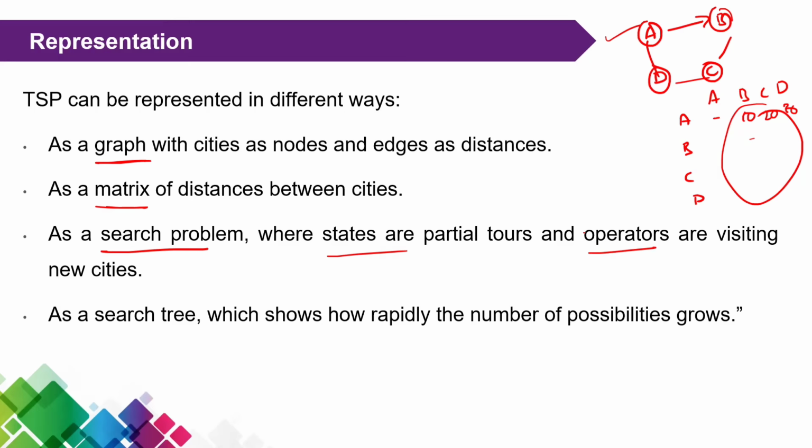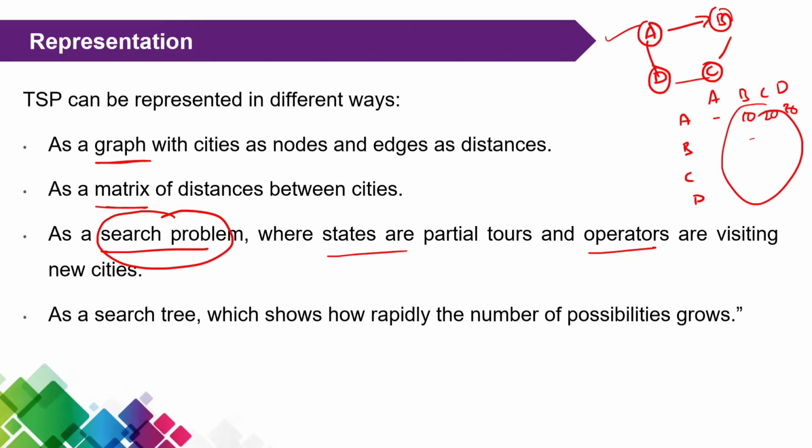Operators refer to extending our tour by moving to an unvisited city. Then there is the initial state, that is, the state from which we begin our journey, and the goal test, that is, all the cities are visited and we reach the starting city. Path cost is the sum of all the edge weights. That is how we can represent the problem as a state space search.